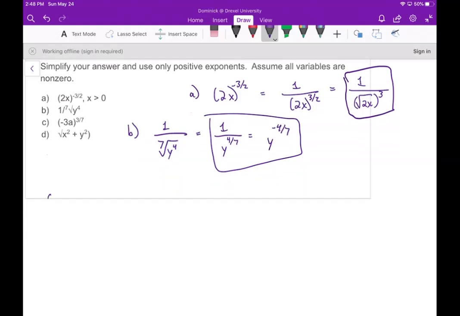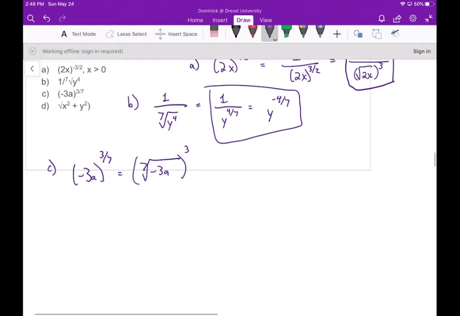Okay, part C, we have negative 3a to the 3 over 7. If we wanted to write this in radical form, this is the 7th root of negative 3a, all to the third. And then in part D, we have the square root of x squared plus y squared.